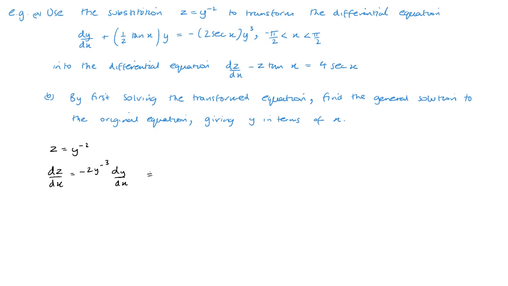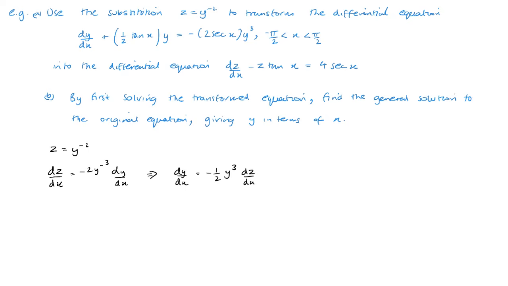If I rearrange this for dy by dx, I will get minus a half, divided by 2, y cubed dz by dx. So minus 2 comes down, and this y to the minus 3 is on the bottom, so it comes up to the power 3.